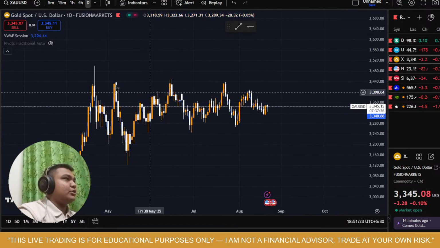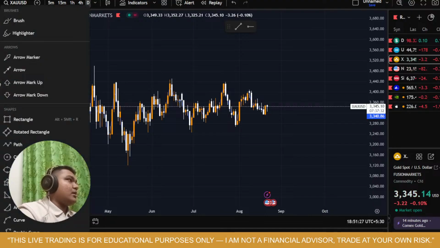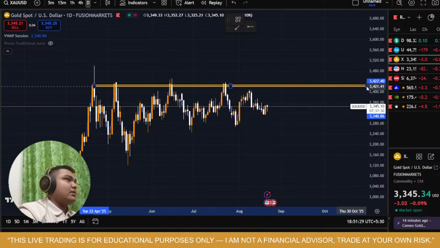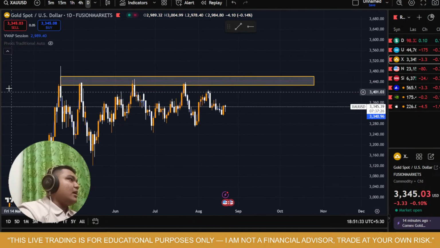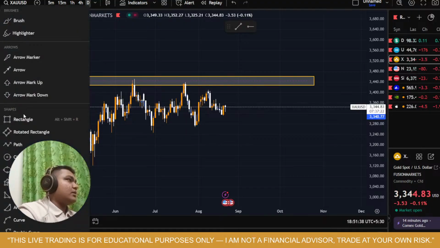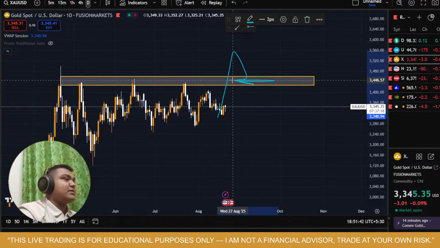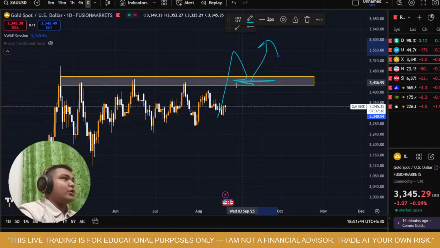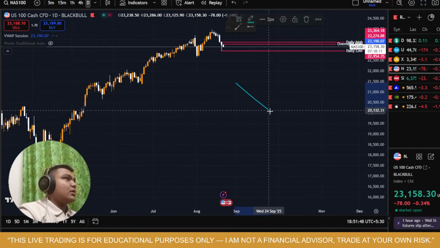I am going to trade if it breaks at least some levels, maybe this strong resistance above. As per this bullish momentum, I would like gold to give us a clean breakout, retest at this zone, and then continue above for a long position. That's how we will go for gold.